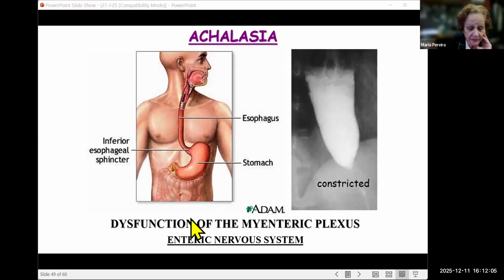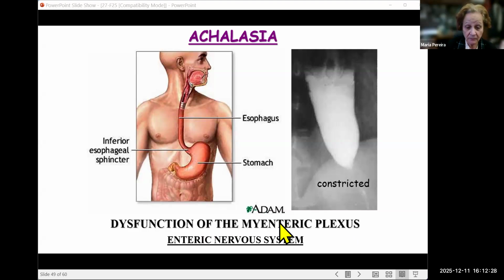So sometimes the myenteric nerve plexus might not be working properly, and this condition is known as achalasia. That means that the sphincter here does not open.